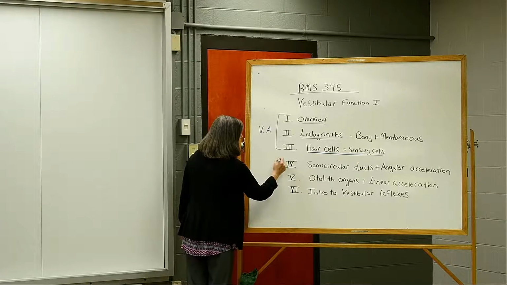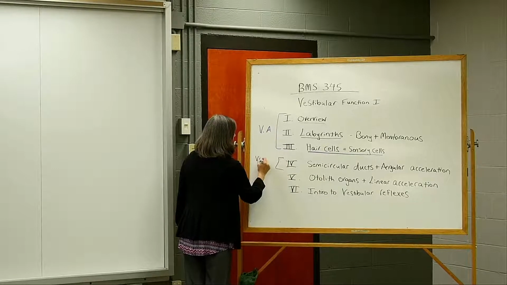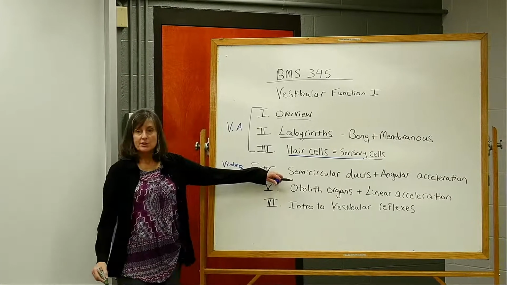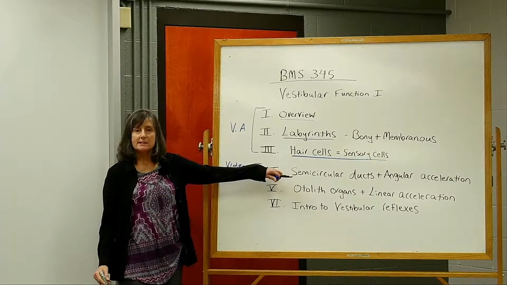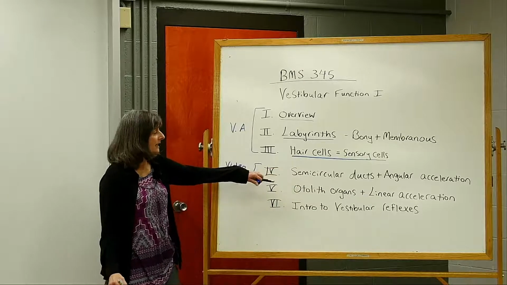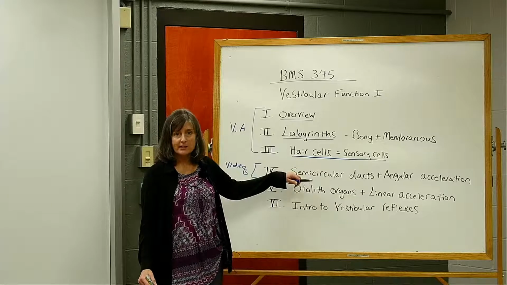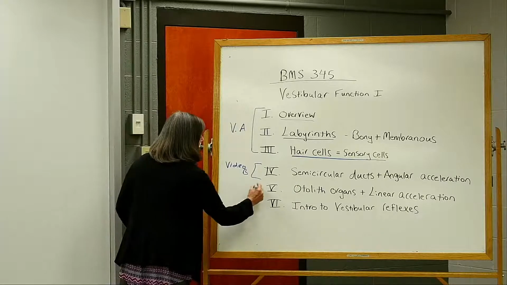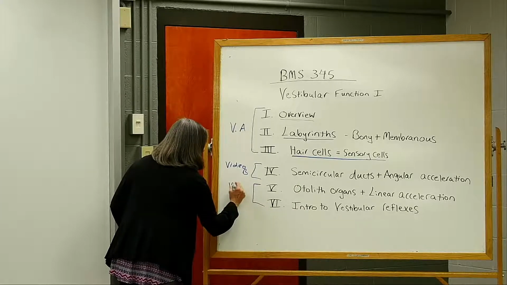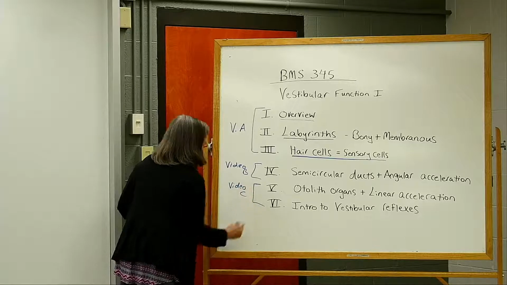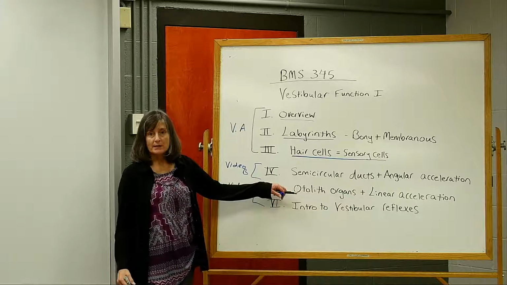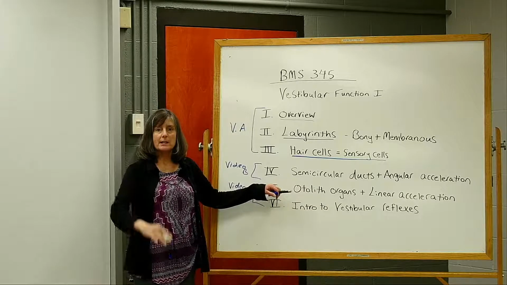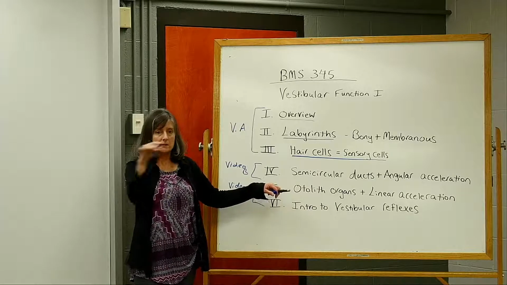In the second video, which will be video B, I will focus in on semicircular canals. The hair cells in these semicircular ducts or canals detect angular acceleration, and we'll go through how they do that. And then in the final video, video C, I will talk about the otolith organs and how they detect linear acceleration, so acceleration either vertically or horizontally.